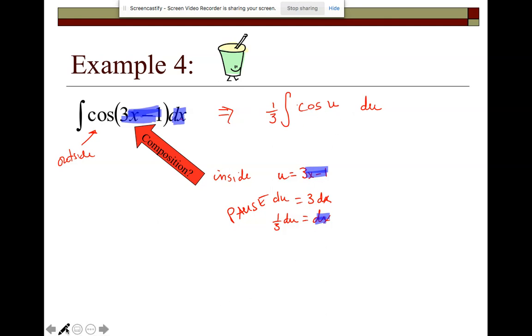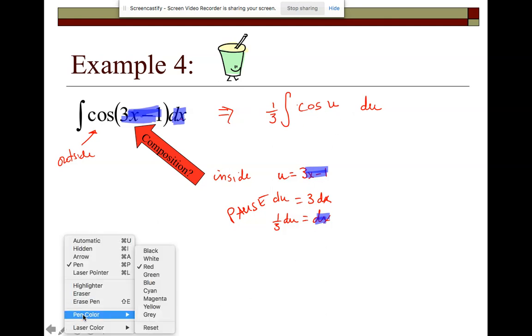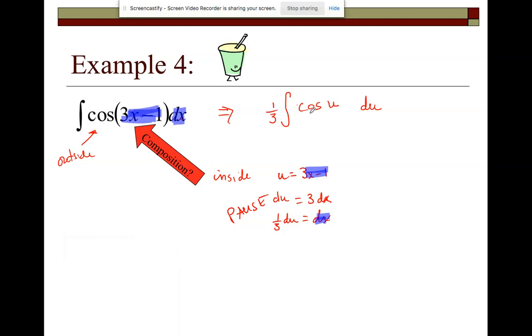Integrate. The integral of cosine is sine of u plus c. Don't forget your 1/3. This is an indefinite integral, so just put your x stuff back.